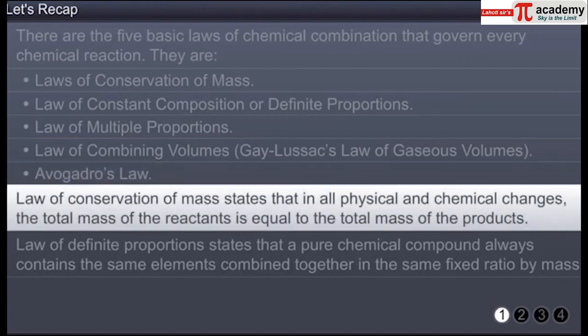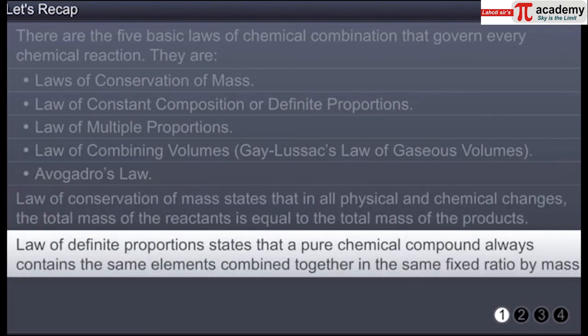Law of conservation of mass states that in all physical and chemical changes, the total mass of the reactants is equal to the total mass of the products. Law of definite proportion states that a pure chemical compound always contains the same elements combined together in the same fixed ratio by mass.